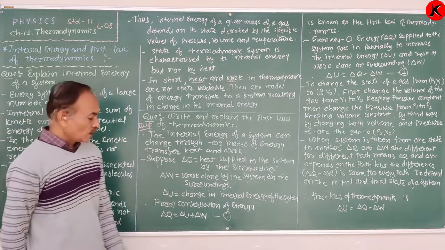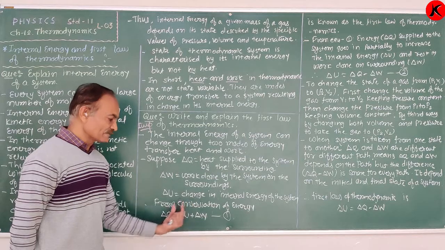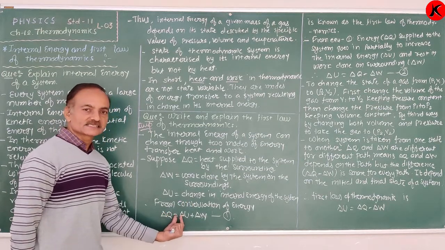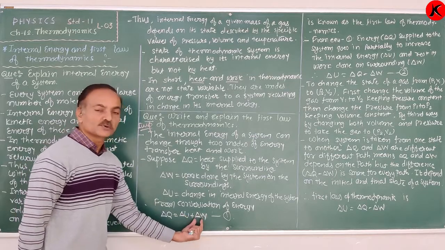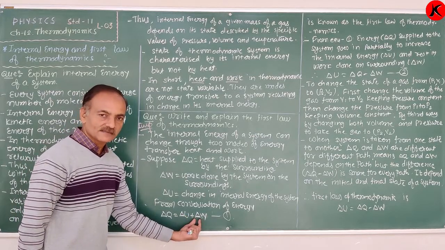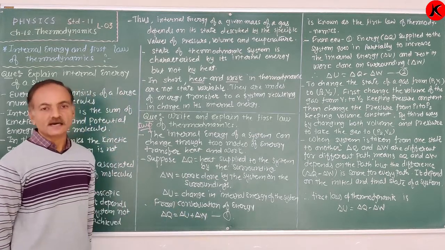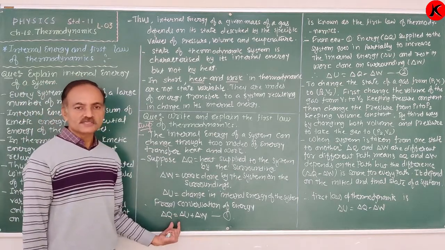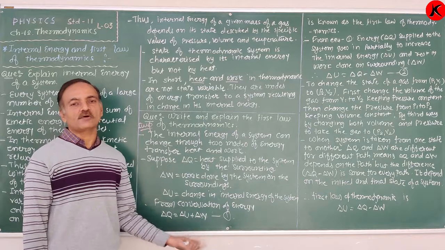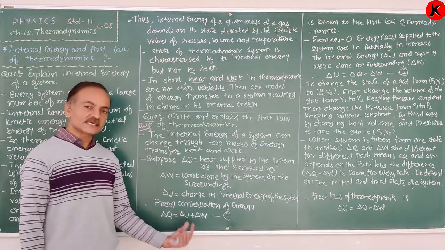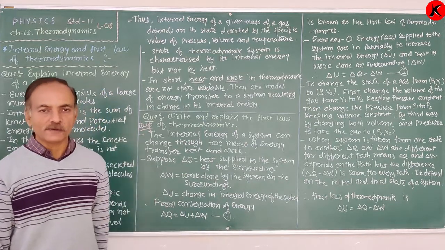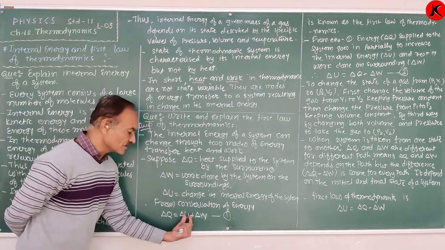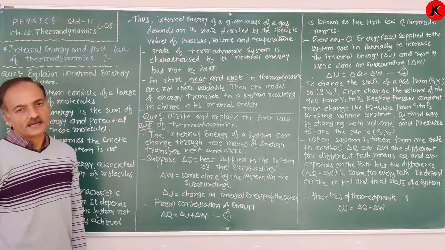Again, the heat supplied to the system by the surrounding is partially used to do work by the system, and the remaining part of the supplied heat energy is used to change the internal energy of a system. That means to change the state of a system. Therefore, delta Q is equal to delta U plus delta W.